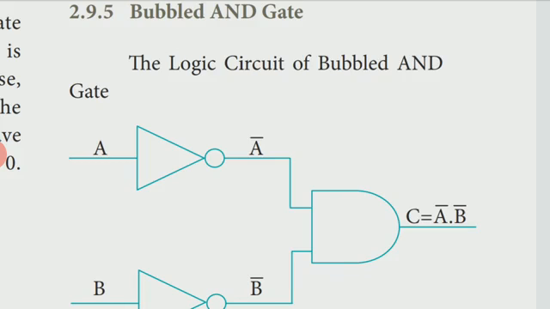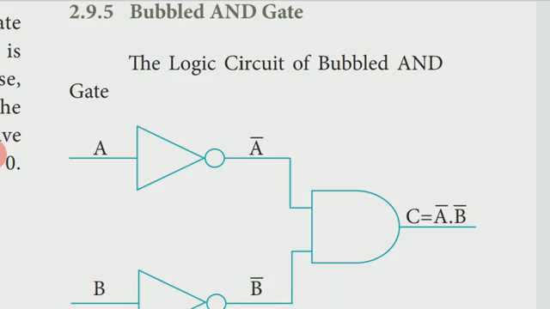In a bubbled AND gate, the inputs are complemented before the AND. So for input A we find the answer with A complement, and for input B with B complement.